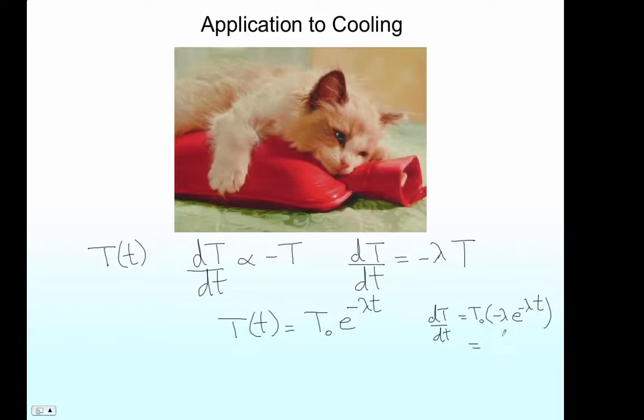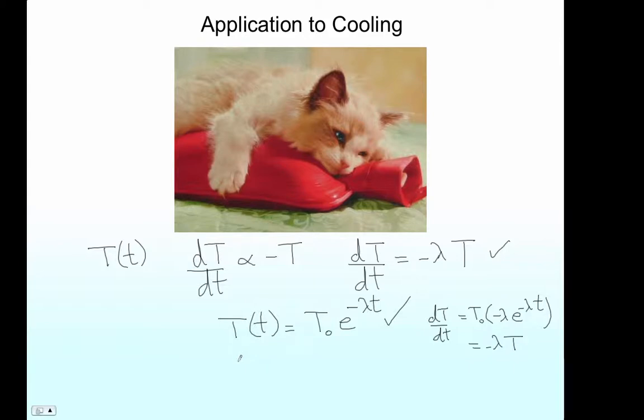And now you can see this is just minus lambda, and T naught e to the minus lambda t is T itself. And so we've checked that this is the solution to this equation.